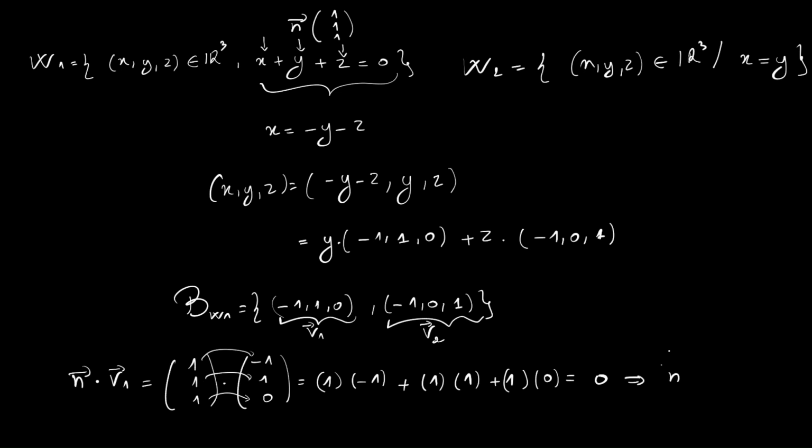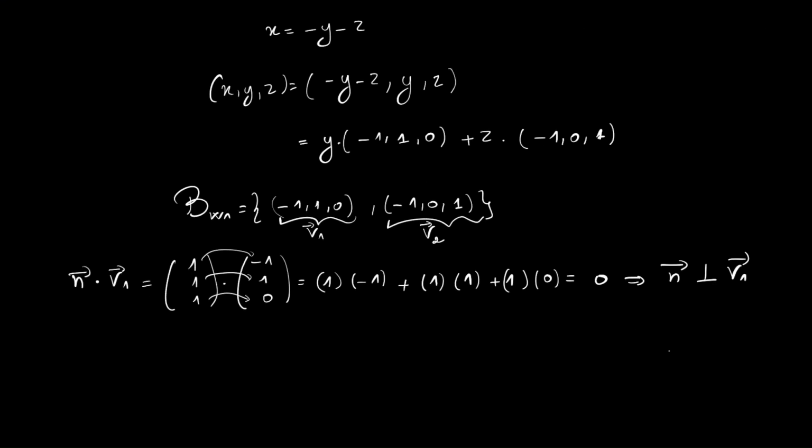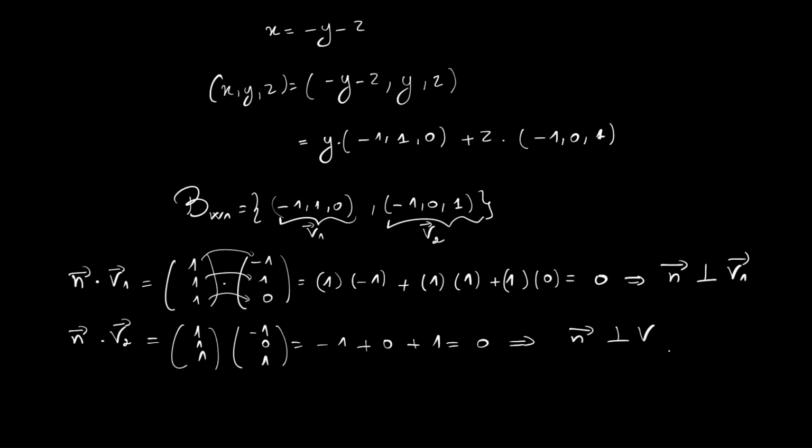Then n is orthogonal to V1, and we can calculate the same thing with the vector V2. And here we have minus 1 plus 0 plus 1, which is also 0. Then n is orthogonal to V2.